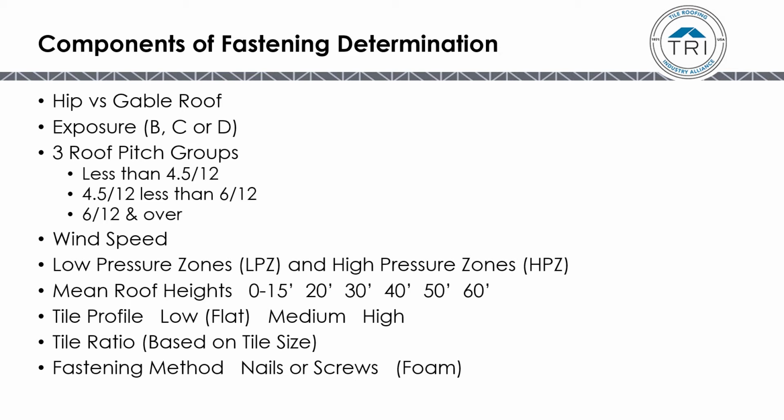What's your tile profile? Are you a flat tile, low profile, a medium profile, or a high profile? What is your manufacturer's tile ratio? That's based on the size of the tile. And lastly, how are you going to fasten it? Nails, screws, or are you going to use foam?